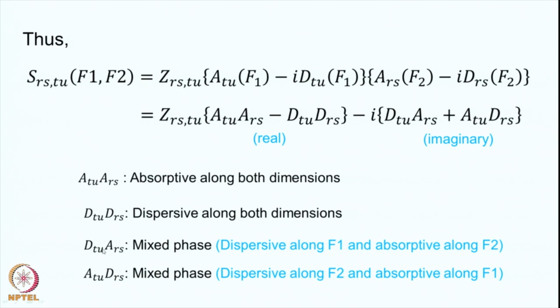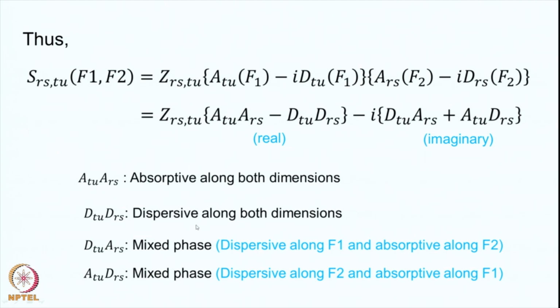The first term here DTU ARS produces a dispersive line shape along F1 and an absorptive line shape along F2, and this term ATU DRS again produces a mixed phase, and this is dispersive along F2 and absorptive along F1. Okay. So now if you look at the overall real part, this has both the absorptive and dispersive components. So in principle, if you collect the entire real part, it will also have mixed line shapes.